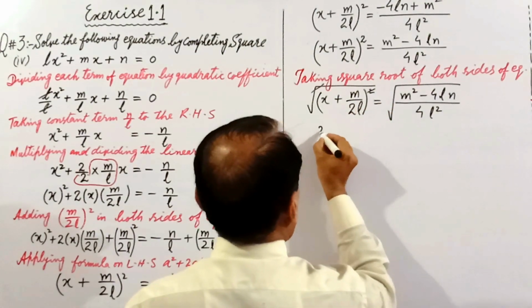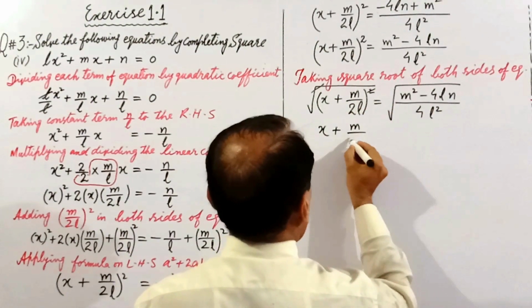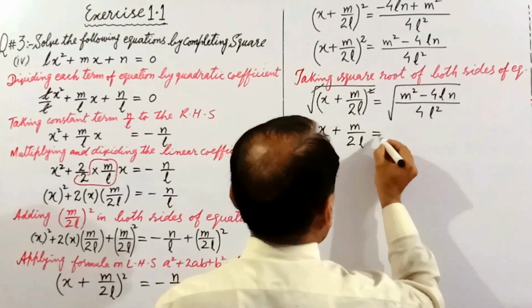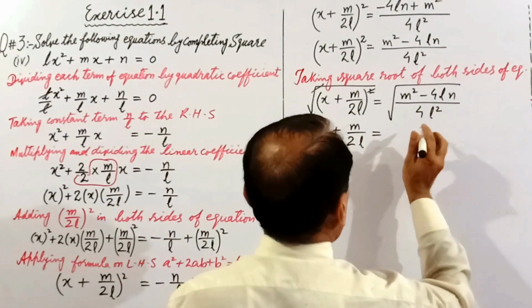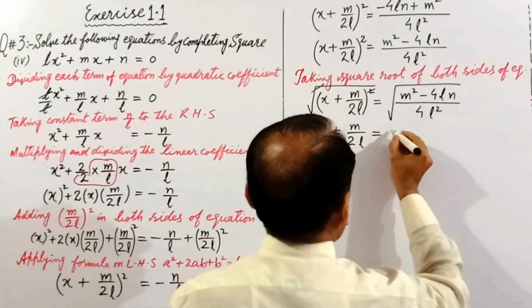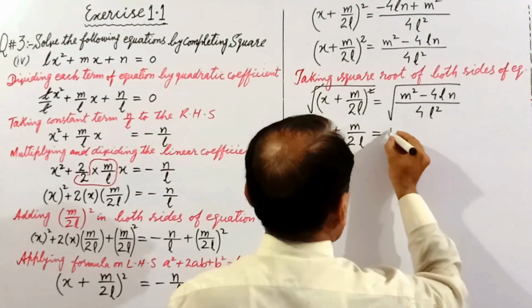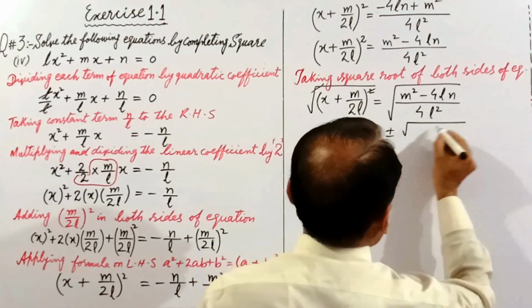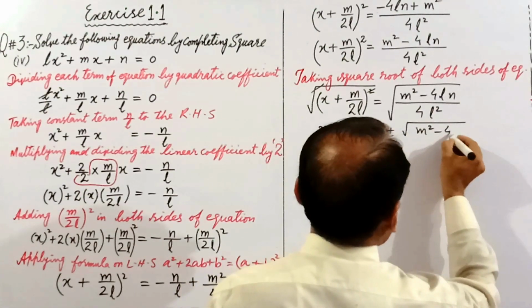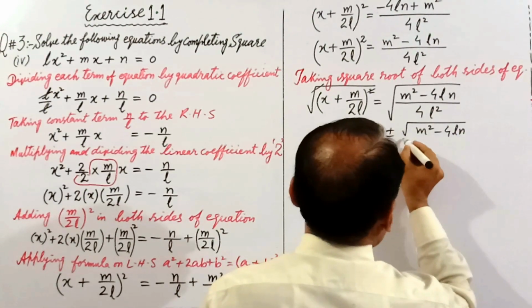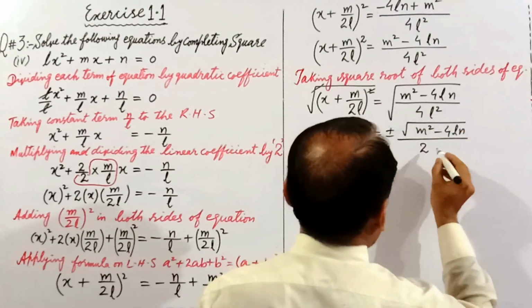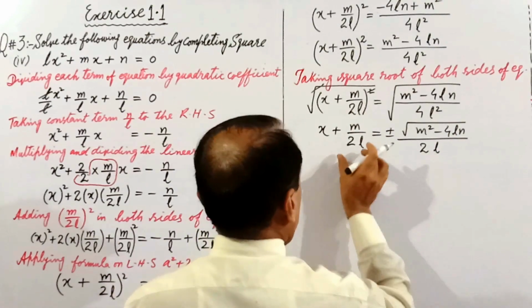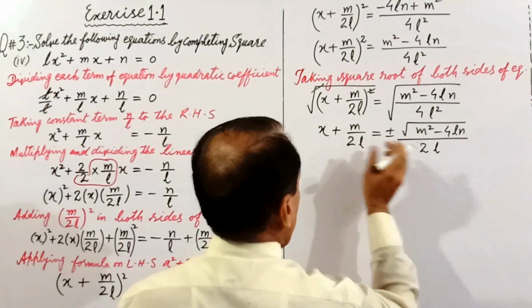We have x plus m over 2l on the left hand side, and on the right hand side, as we have the difference of two terms, we write them as they are under the square root, plus minus square root of m square minus 4ln, divided by the square root of 4 which is 2 and the square root of l square which is l. We take this term to the right hand side.